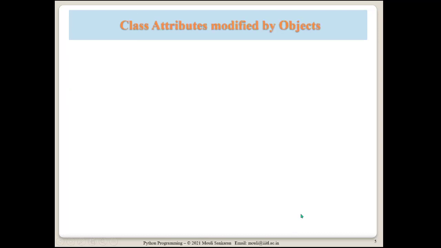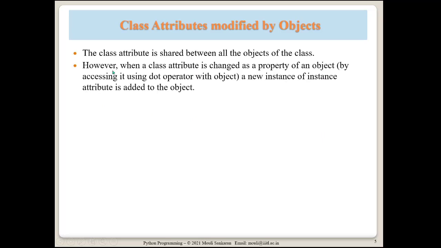Now, what about modifying? That's what I told you already. The class attribute is shared between all the objects of the class. However, when a class attribute is changed as a property of an object, that means when you use the same name as a class attribute and then assign something, you are actually overriding the variable defined at the class scope level into the object scope.